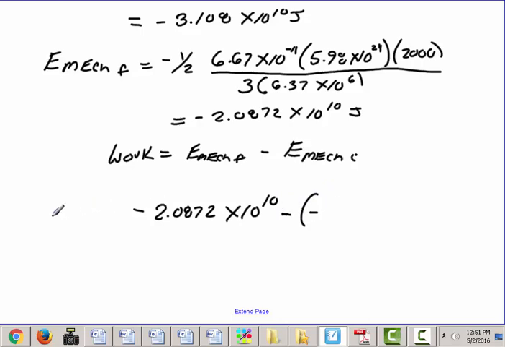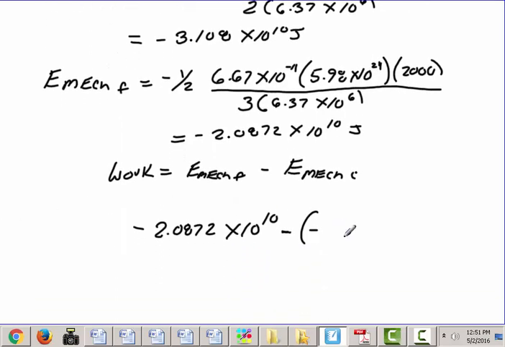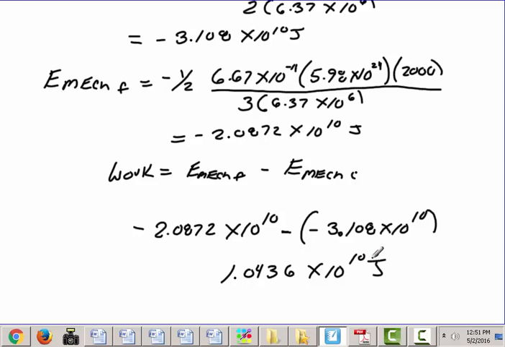Be careful with your minuses here, so that you don't accidentally make them both negative, meaning I don't want to add the two negatives together. When I do that, I get a value of 1.0436 times 10 to the 10th joules.